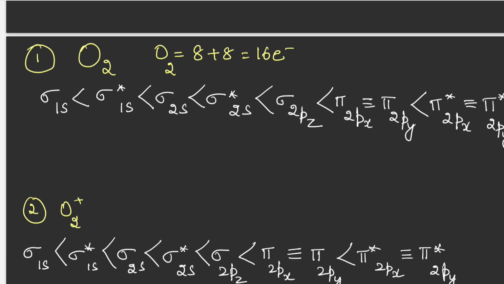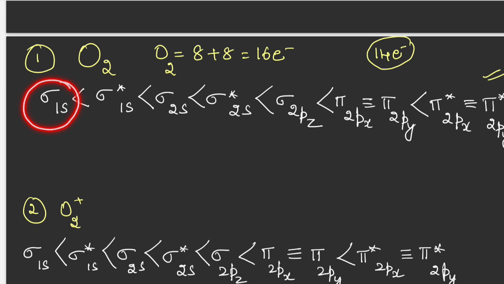Students, if a molecule has more than 14 electrons, we will be using this type of energy levels of molecular orbital in the increasing order of their energy level. You know about bonding molecular orbital and anti-bonding molecular orbital. If a star is present like this, it is called anti-bonding molecular orbital, and this is called bonding molecular orbital.